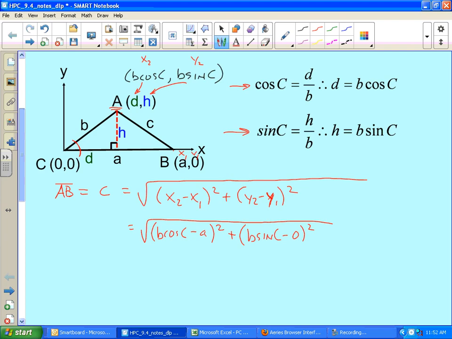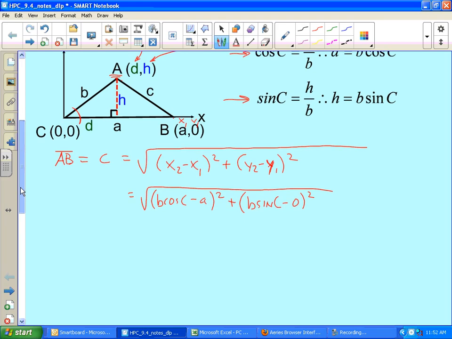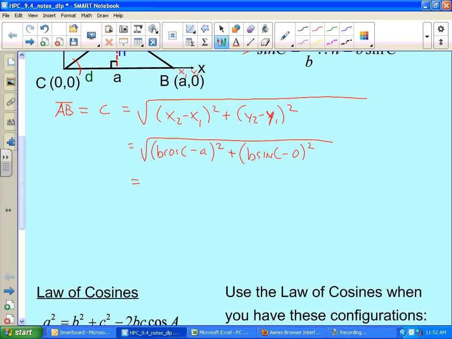Now we simplify this, and we get b squared cosine squared C minus 2ab cosine of C plus a squared.